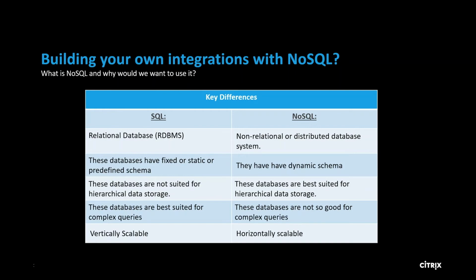Now, just to add an asterisk here, you can of course use different types of relationships in NoSQL as well if you want to. But traditional SQL is, of course, pretty much optimized for very complex queries, as well as being vertically scalable.